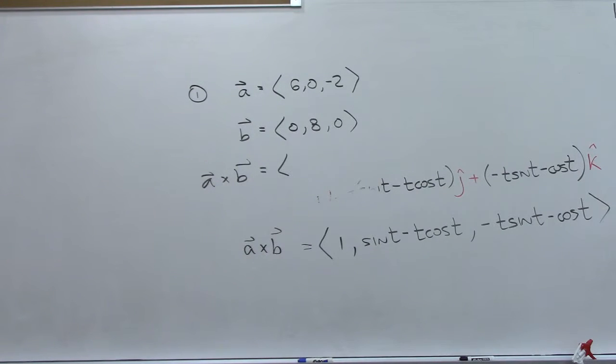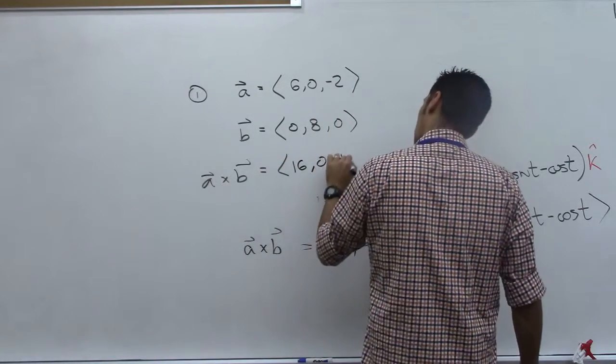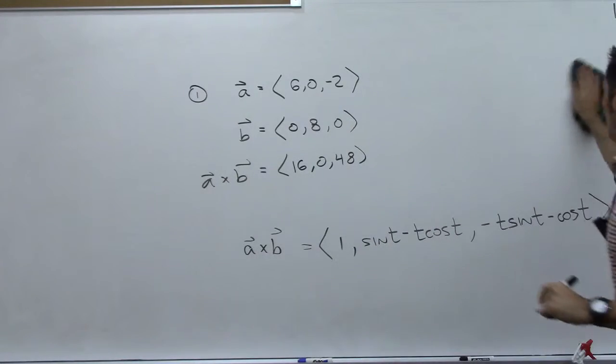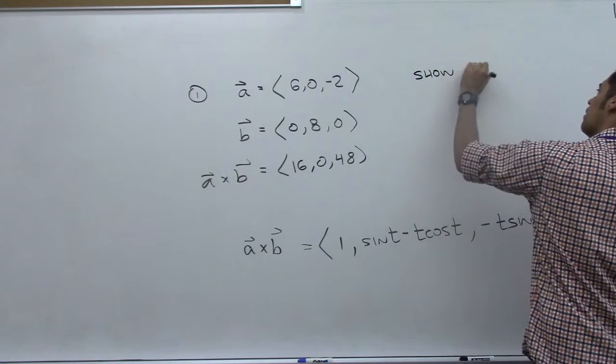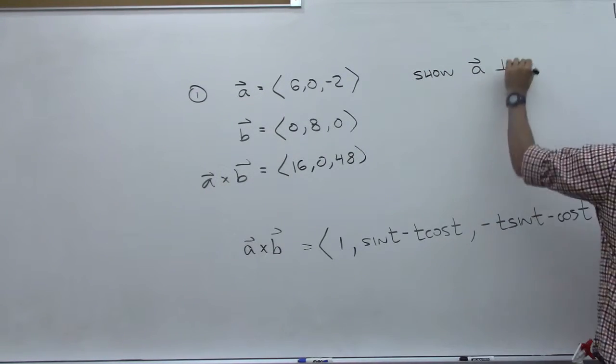We got 16, 0, 48. So now I'm going to verify, okay, I want to show that the vector A is orthogonal or perpendicular to A cross B.